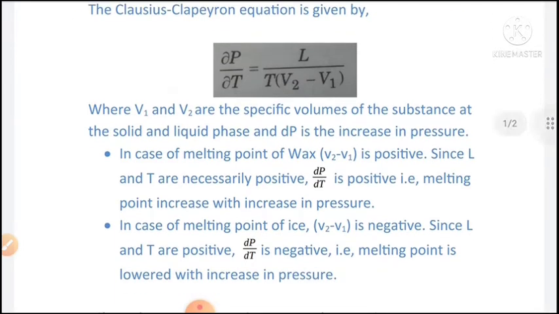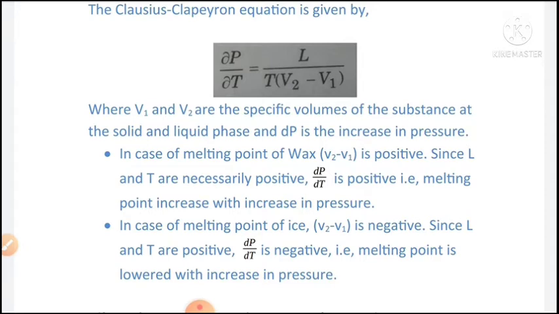Let us see here. In case of the melting point of wax, candles are prepared from wax. In case of wax, V2 minus V1 is positive. You know that when the candle melts, the volume of the candle is less than the melted wax.